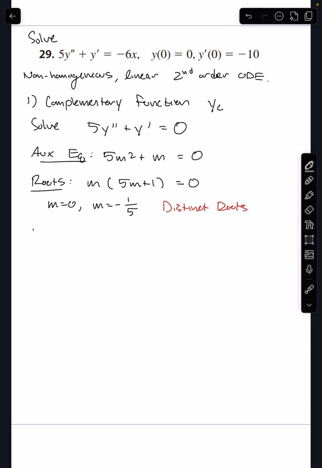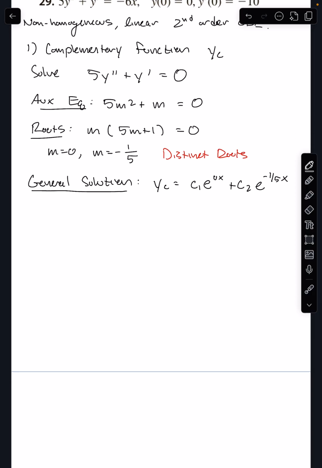And so that tells us that our general solution in this case is yc equals c1 e to the 0x, otherwise just known as c1, plus c2 e to the negative 1/5 x. So now we've found our complementary function.